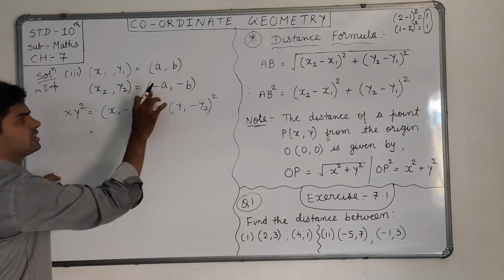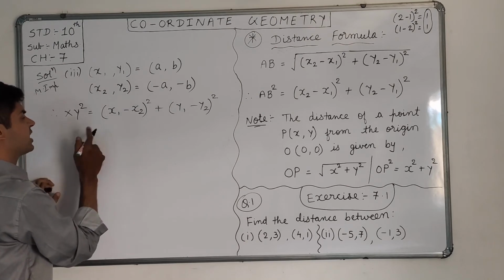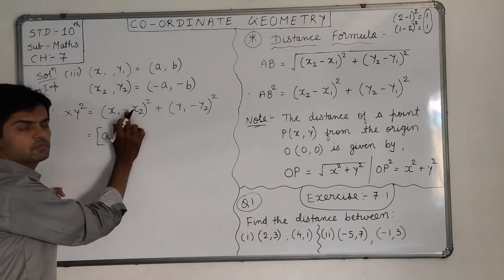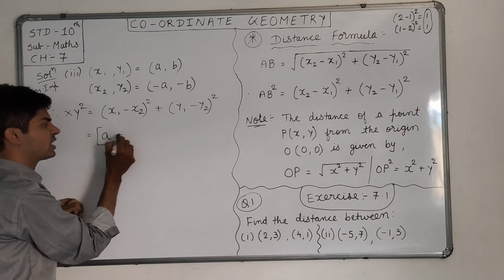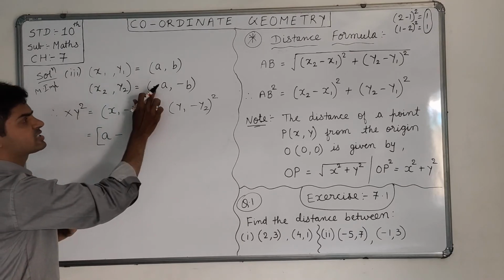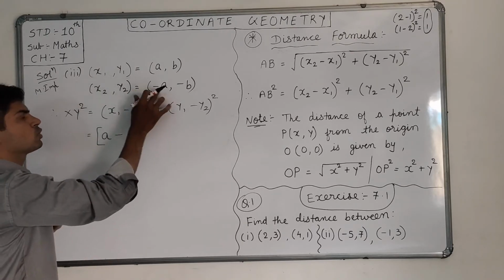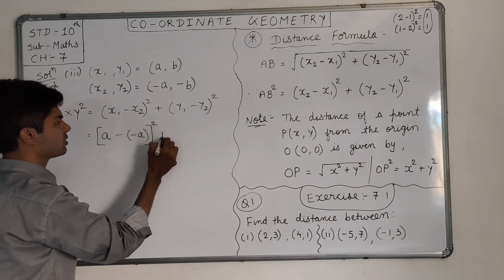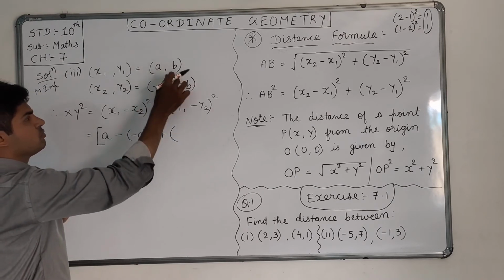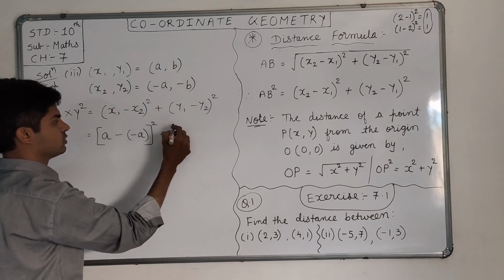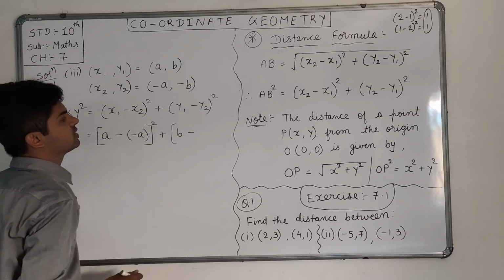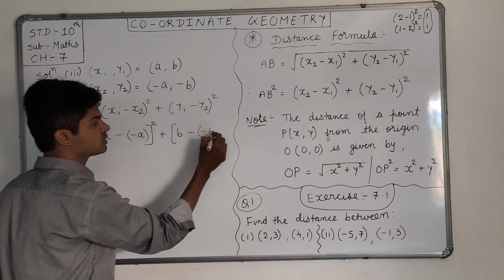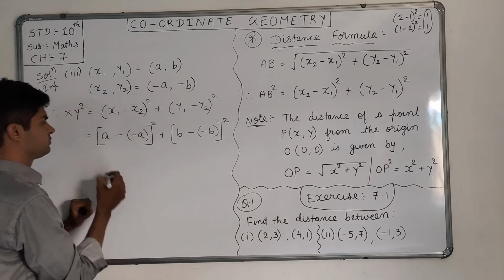x1 will be a. Again there is a minus sign, so we will use a square bracket. The minus sign is of the formula, right? x2 itself is minus a, so here I will write minus a whole square plus y1 minus y2: y1 means b, again a square bracket, the minus sign is of the formula, y2 itself is minus b, so minus b whole square.